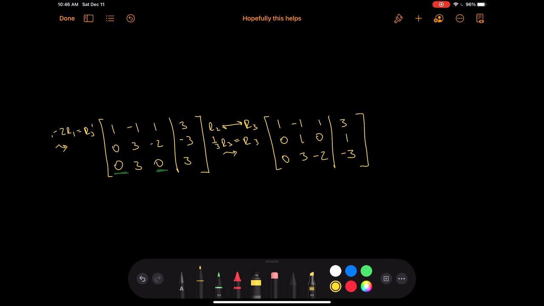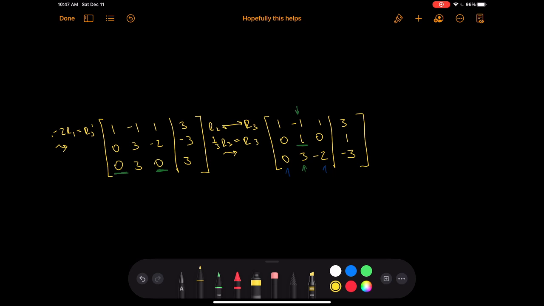And so now we have this single one here, and that's very convenient because we can now eliminate this -1 and this 3 without worrying about changing the first column or the last column, since they're going to be added, multiplied, or subtracted by 0. So we're going to go ahead and do that. We're going to get rid of the 1, which is as simple as adding.